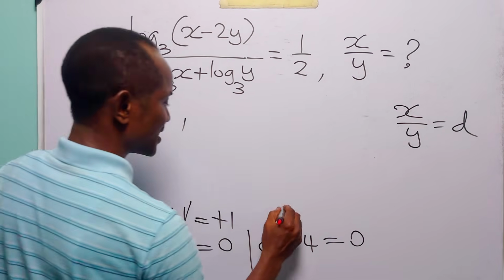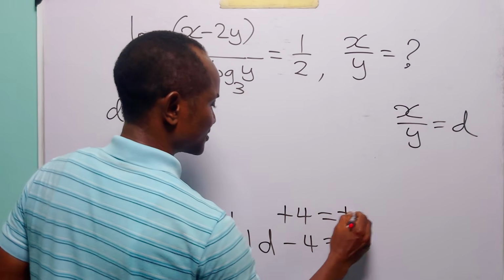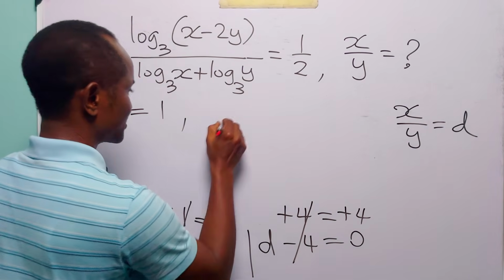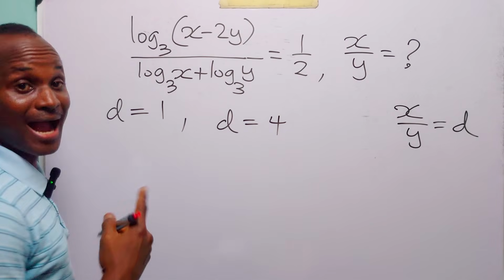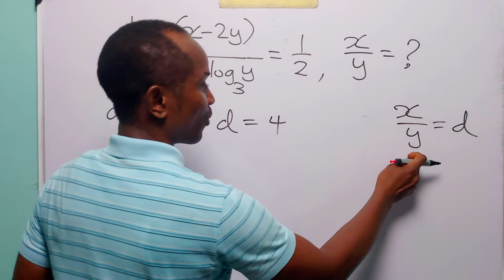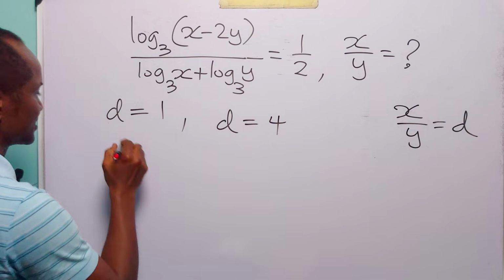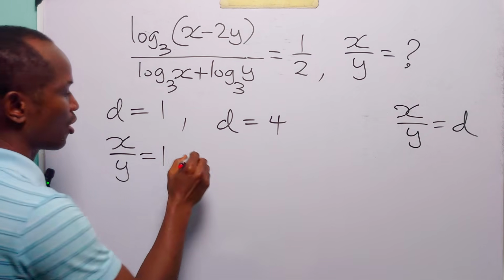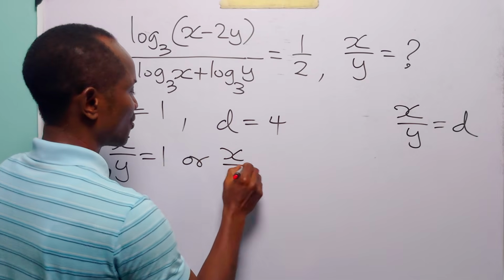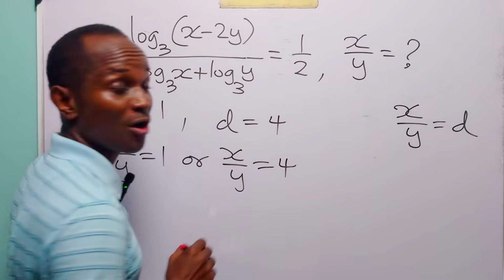In the same way, when we add 4 to both sides of this equation, we have that d is equal to 4. And of course, since d is equal to x over y, we have that x over y is equal to 1, or x over y is equal to 4.